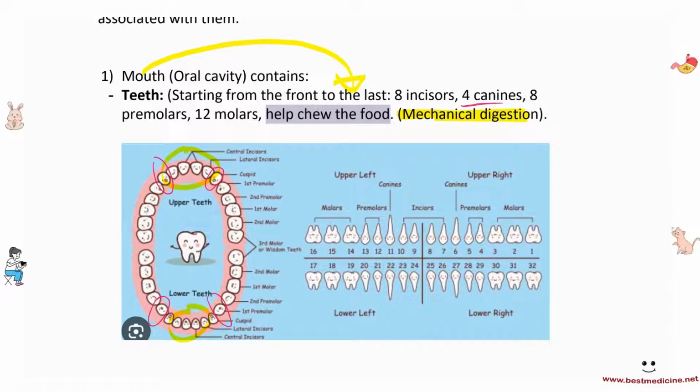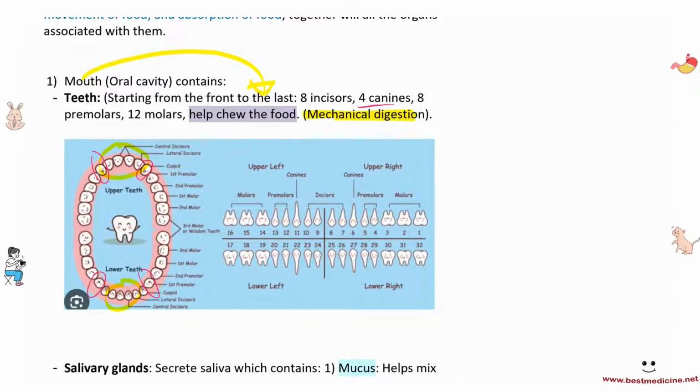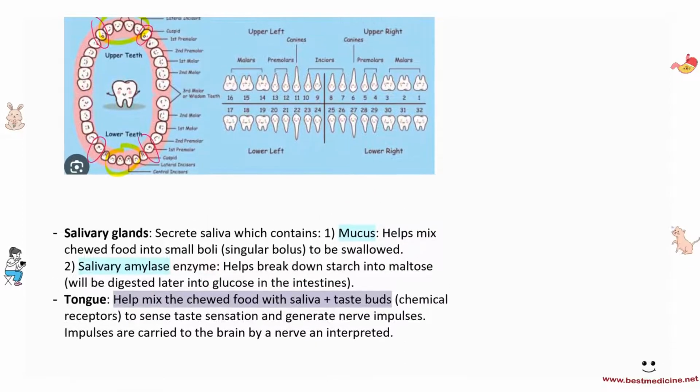The mouth also contains salivary glands. We actually have 3 major salivary glands. If you have a person, we have some glands here, and some glands here and underneath the tongue, and a gland here, and all of them secrete saliva into the mouth.